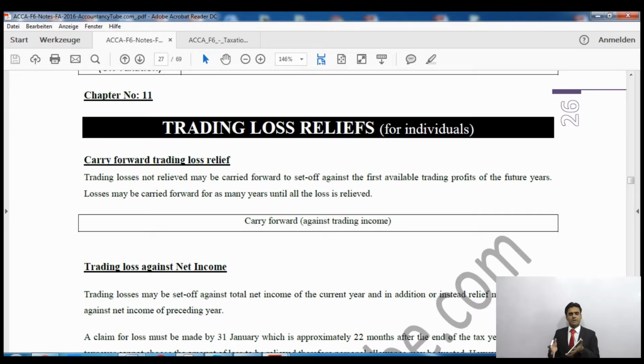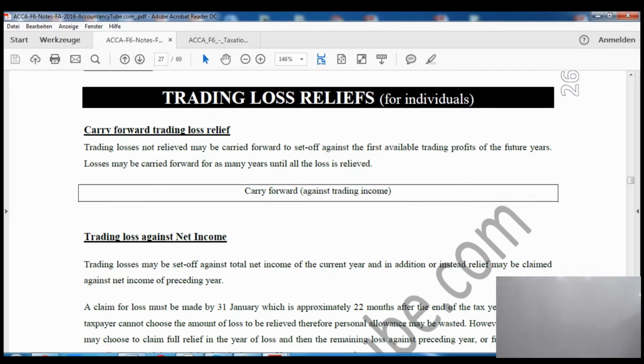If I have, say for example, a £10,000 loss, I will set it off in the next year. If this loss has reduced that profit to zero, and any loss still remains, then I can carry it forward to the next year, and the year after that, likewise, until the whole loss is set off.